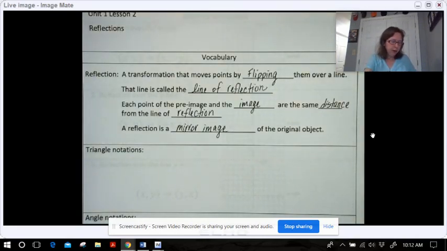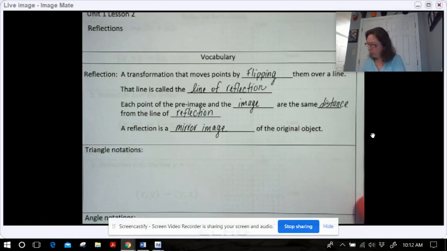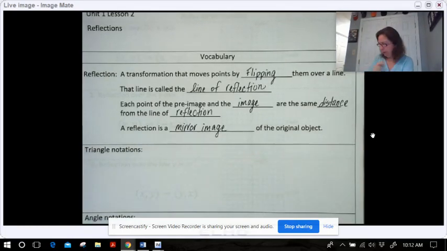What we're going to do now is we're going to look at some different notations. Some notations. So let me go to my other notes here. All right. So triangle notations.